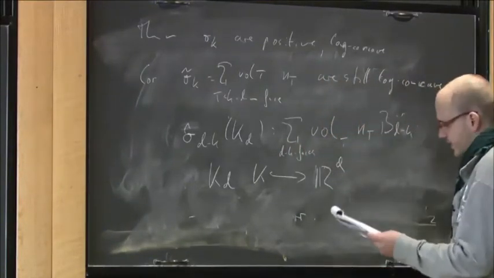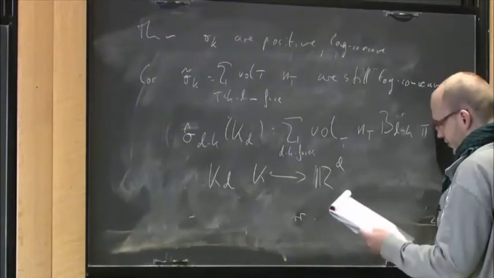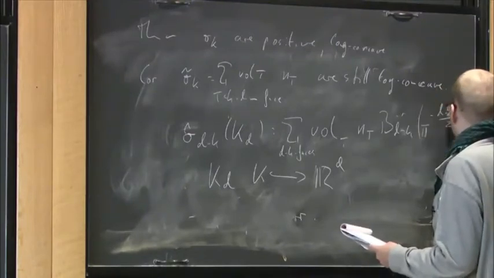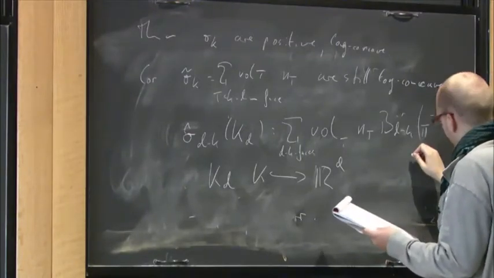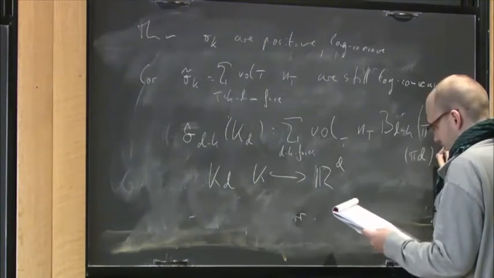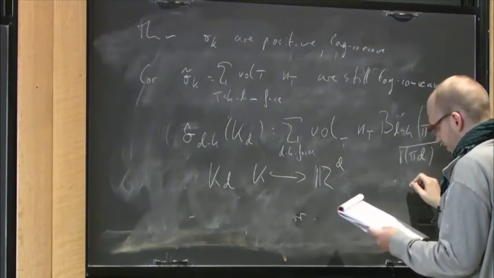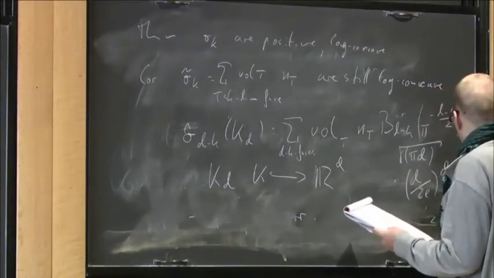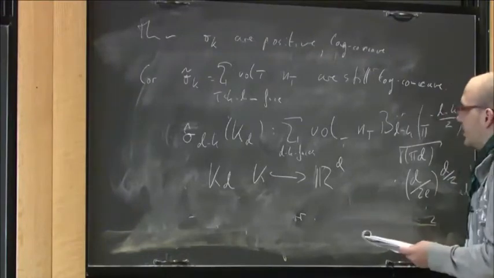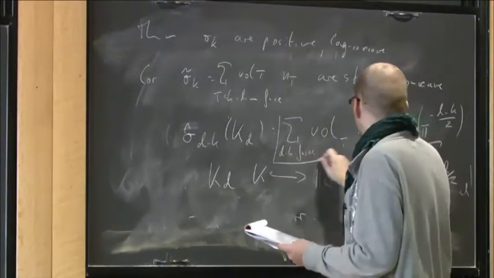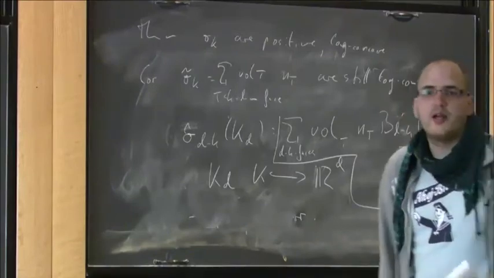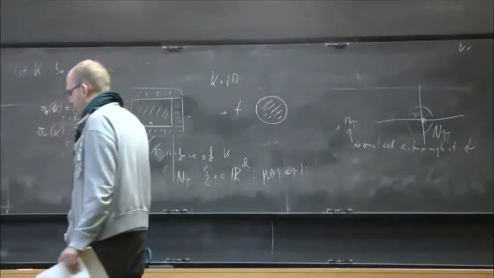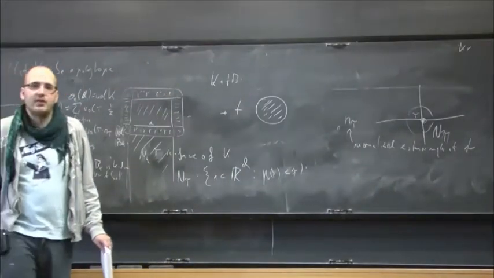And now I multiply with a term pi to the minus (d minus k) over 2 times the square root of pi times d divided by 2e to the d over 2. Okay, so I have these new coefficients here. This is just a renormalization of my original coefficient sigma, and I claim this sequence is still log-concave.